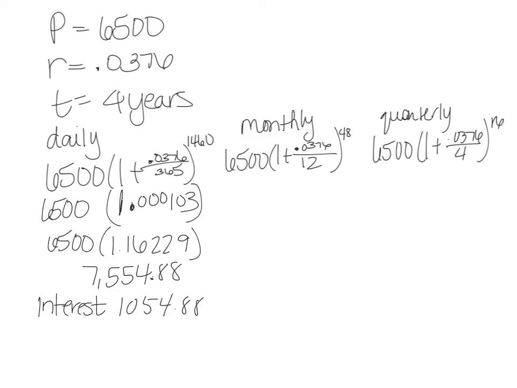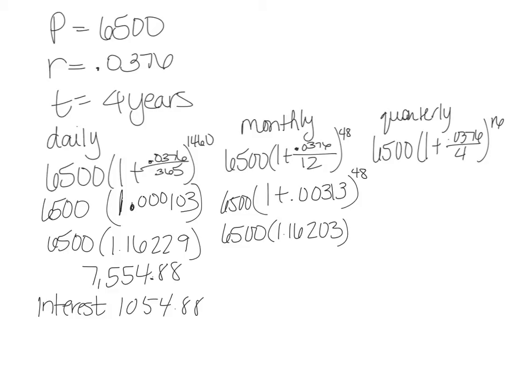Monthly, I take 0.0376 divided by 12. We get 1 plus 0.00313 to the 48 power on my calculator, and it's 6,500 times 1.16203.